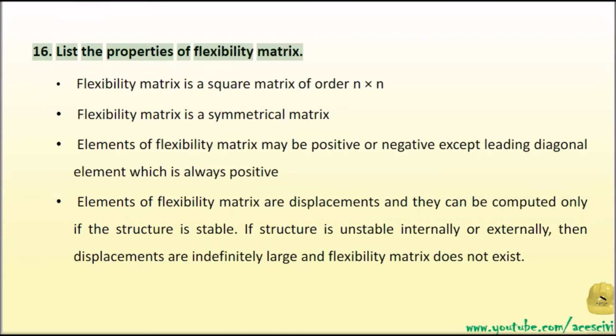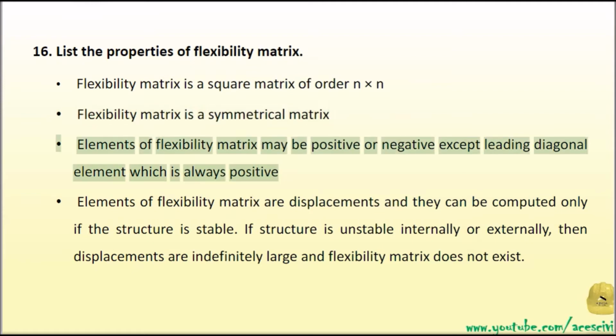List the properties of the flexibility matrix. The flexibility matrix is a square matrix of order n times n. The flexibility matrix is a symmetric matrix. Elements of the flexibility matrix may be positive or negative except leading diagonal elements, which are always positive.